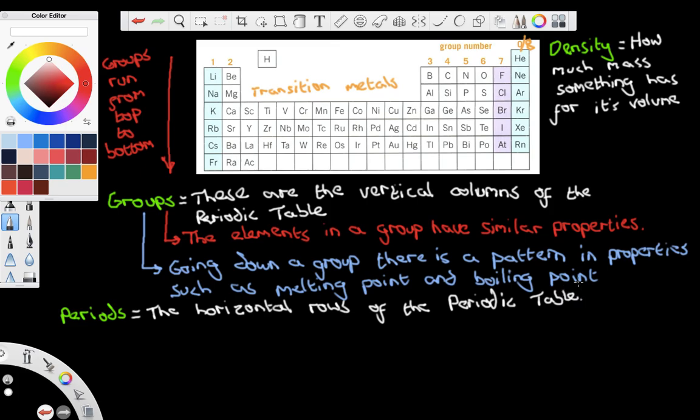Okay, the horizontal rows of the periodic table. Now, going across a period, there will be a pattern in the properties of the elements.